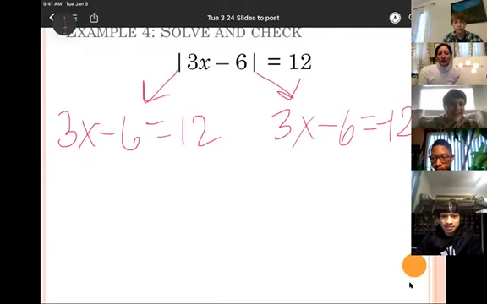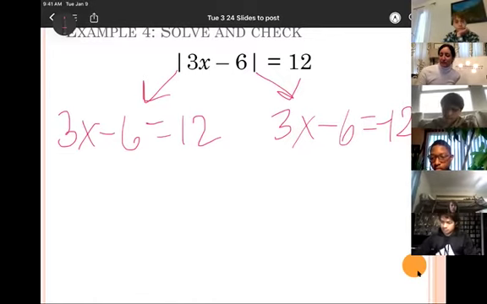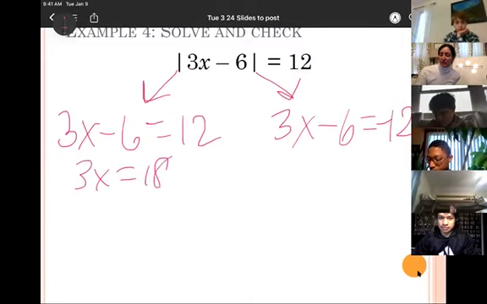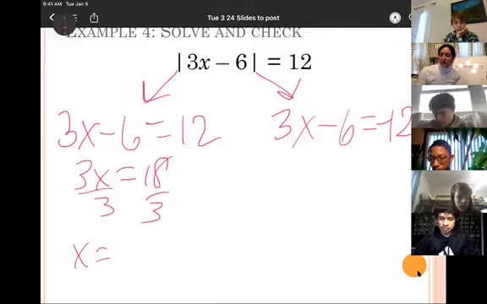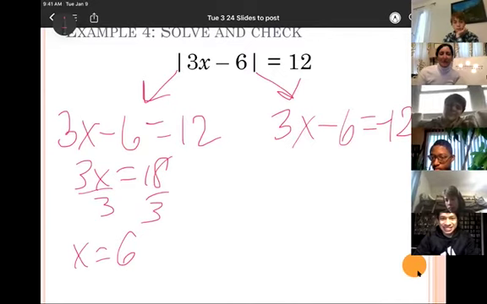All right. Joe Kellers, what's the answer to this first equation, the 3x minus 6 equals 12? 3x equals 18, and what does x equal? 6. All right. Xavier, how about the second one? Come on, man, I unmuted you.